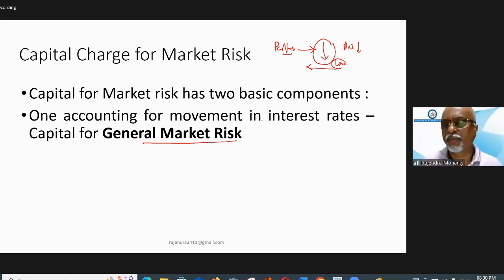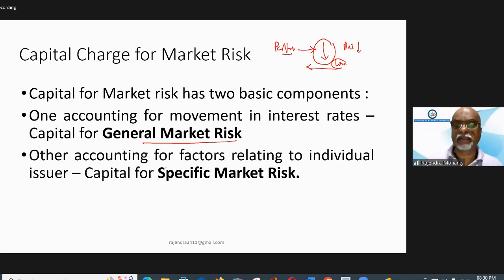So due to movement in the interest rate, to cover the losses, the capital which is calculated is called general market risk. Second thing, as I told you, other factors which are related to the individual issuer. In those cases, for each individual issuer, capital has to be calculated. That is called specific market risk.